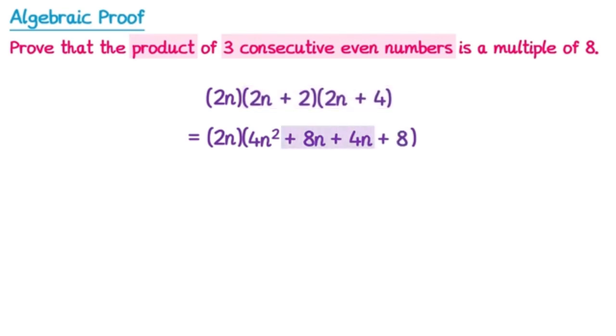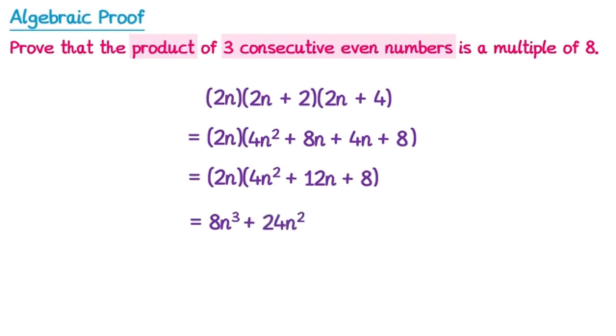We could simplify the 8n plus 4n, so we've got 2n, 4n squared, plus 12n plus 8. We now need to expand through by 2n, so it's 2n times all of the terms in this bracket. 2n times 4n squared is 8n cubed, 2n times 12n is 24n squared, and 2n times 8 is 16n.